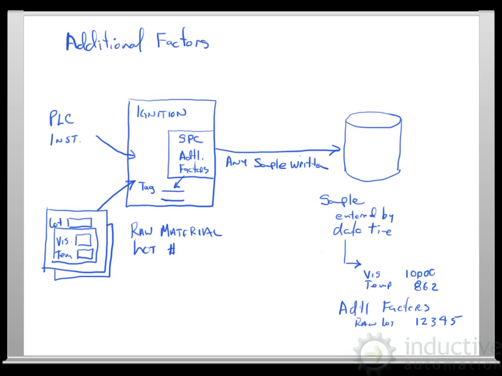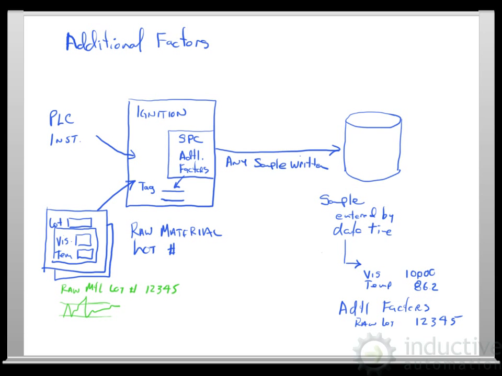So the beauty of that is now when I want to pull out, in another client here, I want to display a control chart. Okay, I can say, give me all the sample data for the raw material lot number of 1, 2, 3, 4, 5.